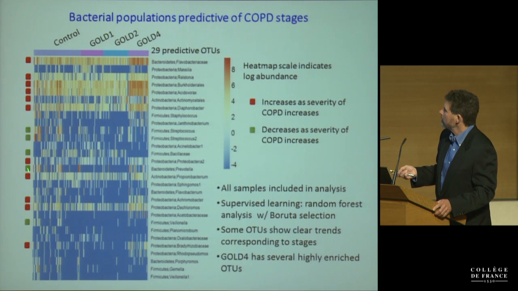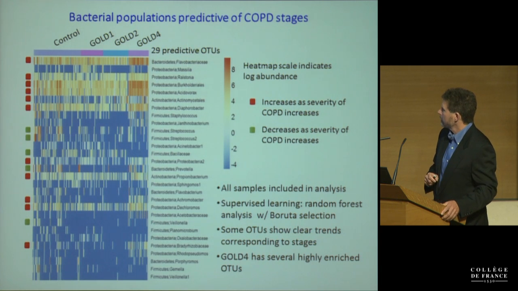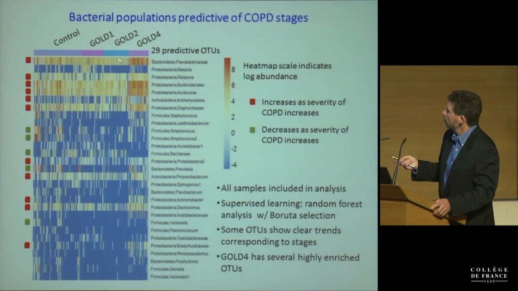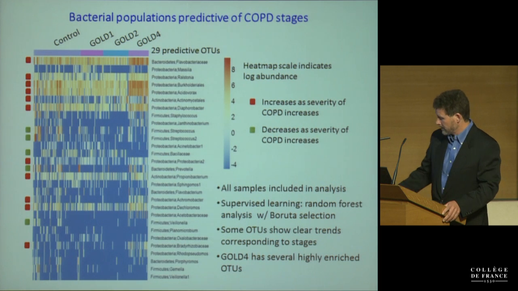And then I've coded in green those that are higher in the healthy lungs and decreasing with increasing severity of COPD. Some of these show clear trends, and probably the most obvious is that there are a number of OTUs which are very obviously enriched in the GOLD 4 lungs.